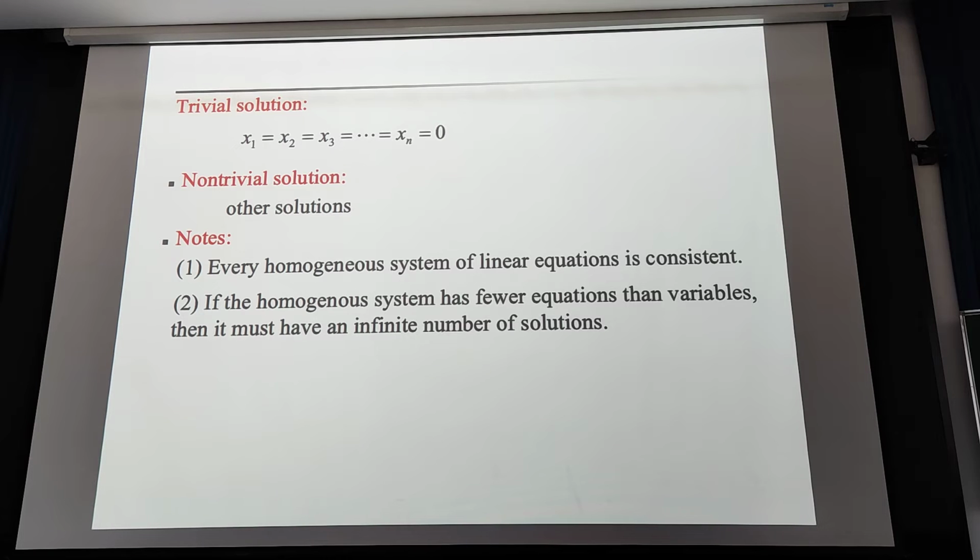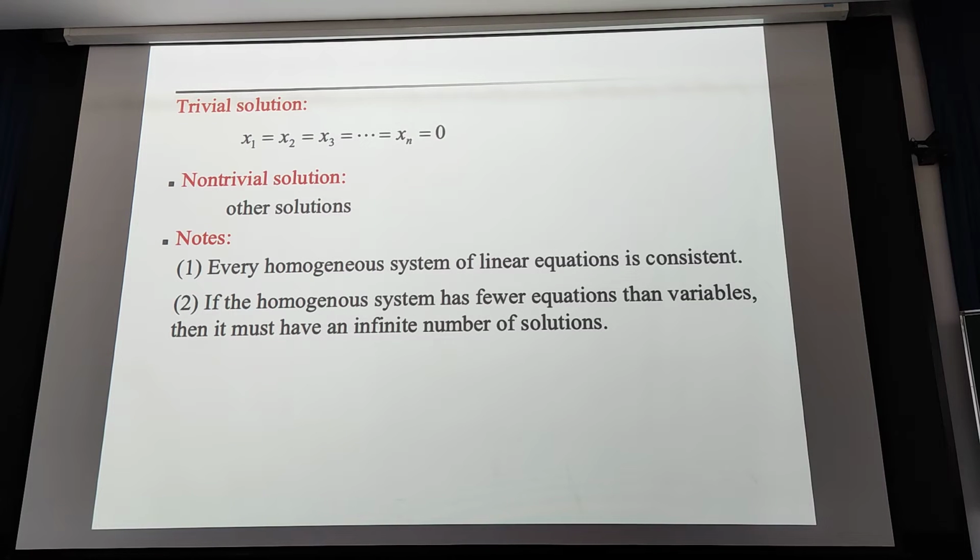That is named the trivial solution here. And obviously, for a homogeneous system of linear equations, we pay attention to finding non-trivial solutions, that is, any solution other than x1, x2, xn equal to 0. So that is the end of lecture number 1.